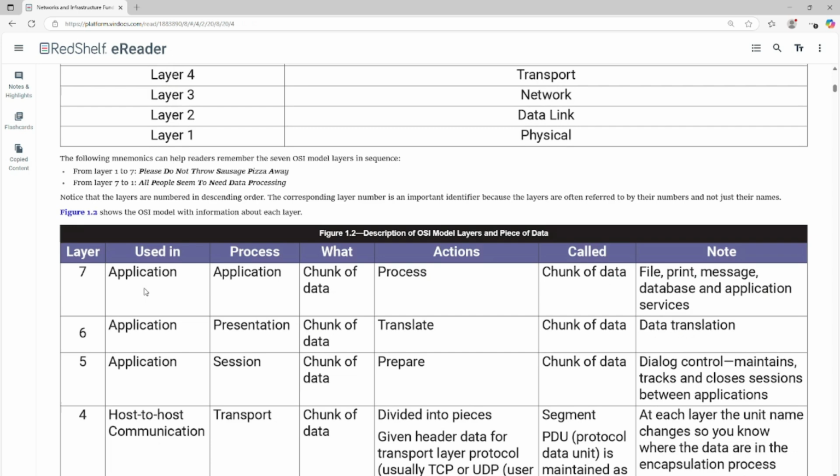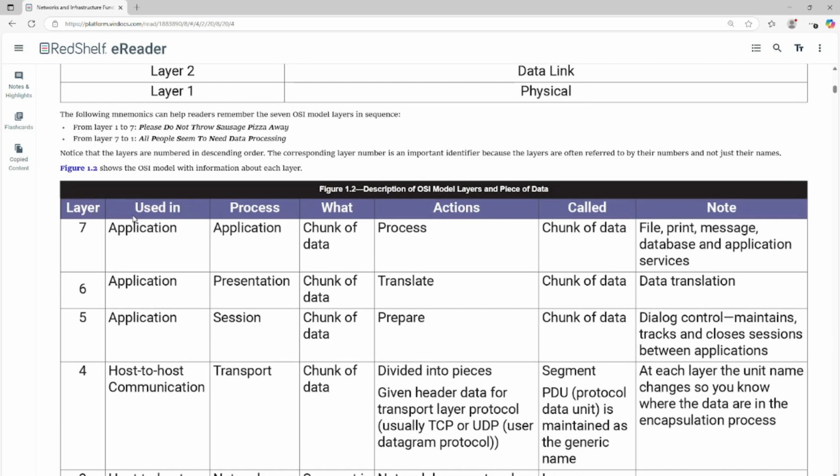The table in figure 1.2 is still an OSI model, but it contains information on every layer. The takeaway for you here is to focus not only on how the layers are ordered, but to be aware of the content at every layer, the actions taken, and what the content is called.